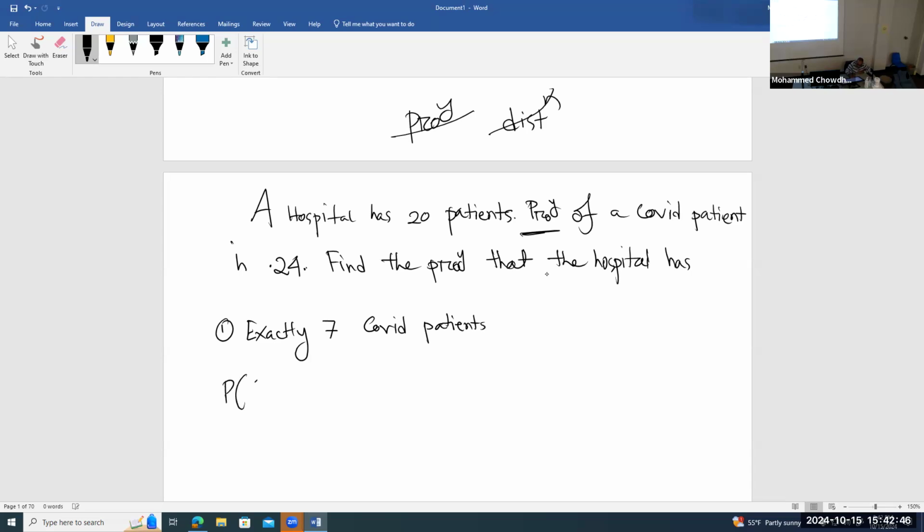You will solve the probability of X equal to 7: 20 choose 7, times 0.24 to the power 7, times 1 minus 0.24 to the power 20 minus 7. That's the way we solved it.